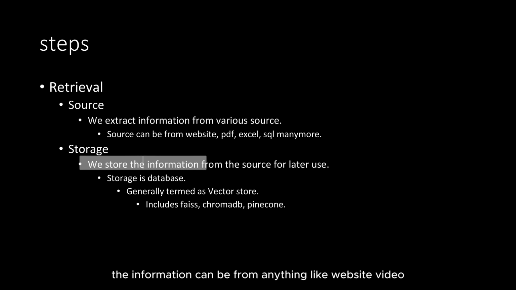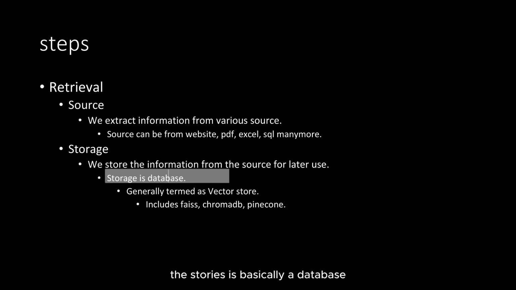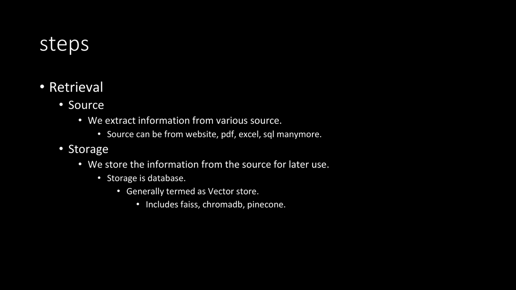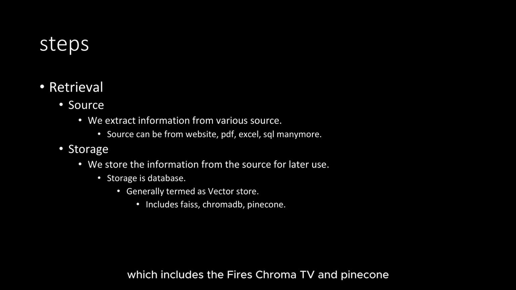The information can be from anything like a website, PDF, Excel and SQL, and we store the information that we extracted from the source for later use. The storage is basically a database, commonly termed a vector DB or vector store, which includes FAISS, ChromaDB and Pinecone.